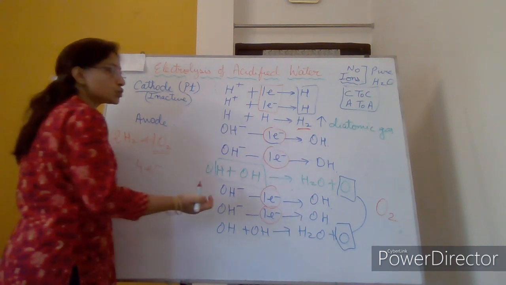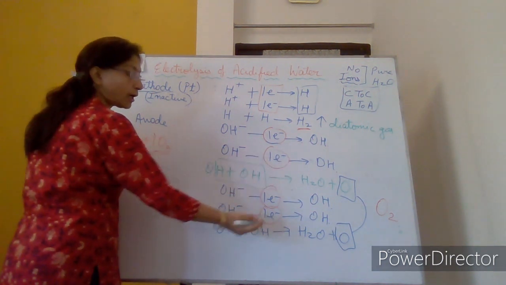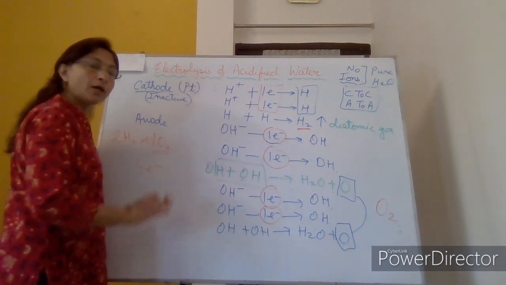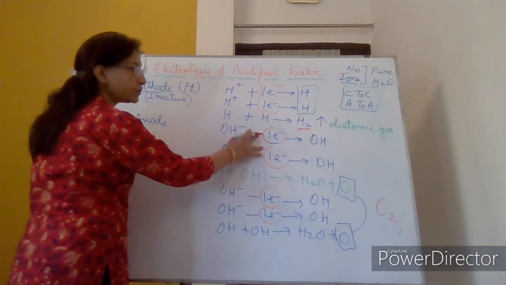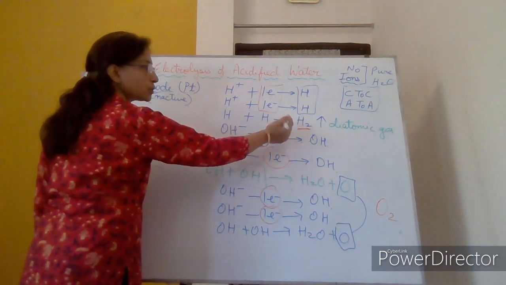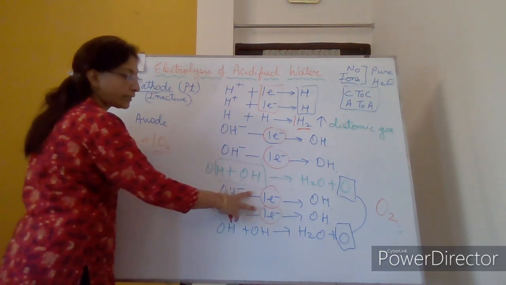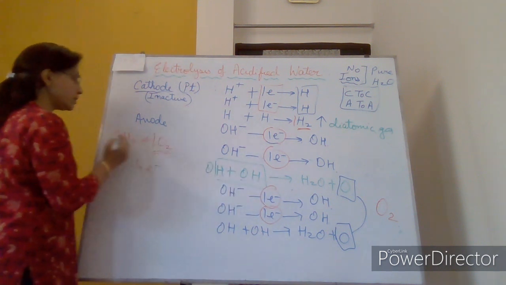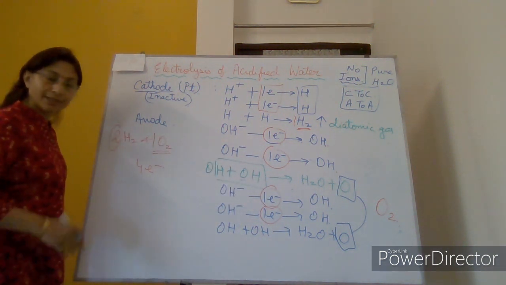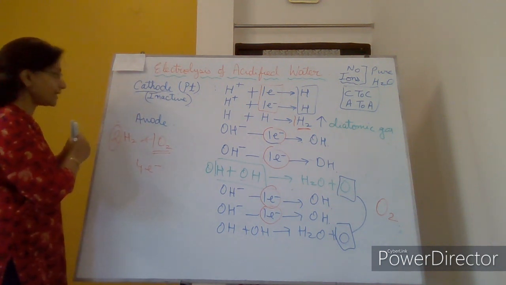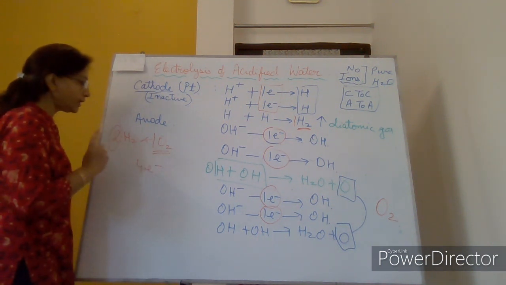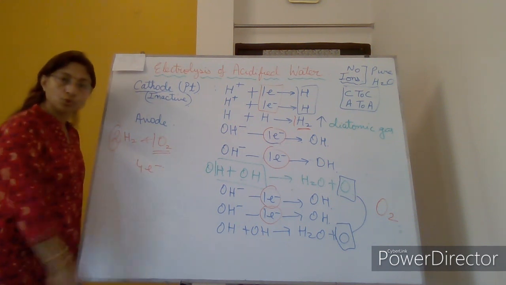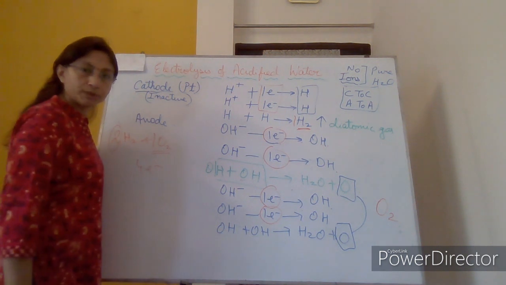So what will happen to the other 2 electrons produced during the formation of oxygen? Obviously, simultaneously these 2 electrons will be used for the formation of the first hydrogen molecule, and the other 2 electrons will be used for the production of the second hydrogen molecule. That is why during the electrolysis of acidified water, we get hydrogen and oxygen in a ratio of 2:1. I hope this is clear.